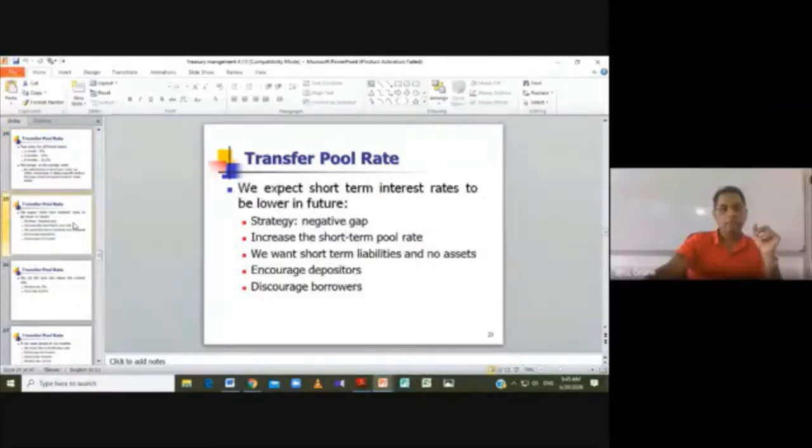So again, if we expect short-term interest rates to be lower in the future, we do a negative gap. What is a negative gap, basically? If you remember from last week.